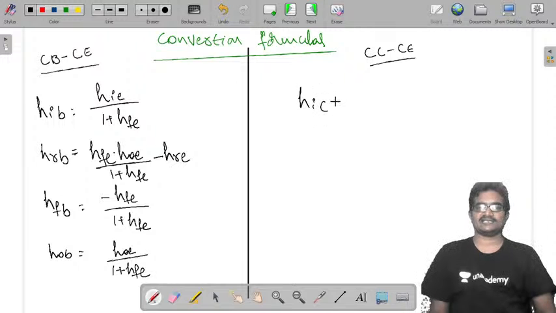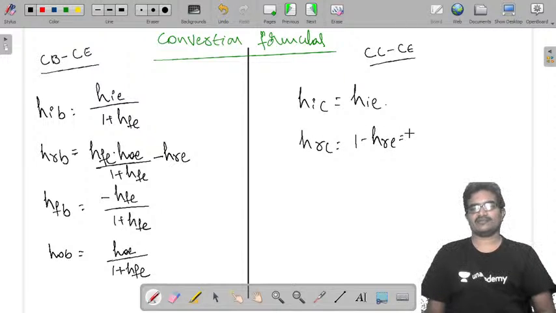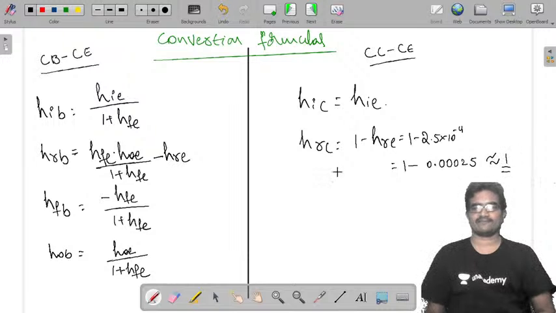Now CC conversion is very easy, simple. HIC is HIE and HRC is 1 minus HRE. So 1 minus HRE value, we know that 2.5 into 10 power minus 4. It means 1 minus 0.00025, so approximately 1 it is.